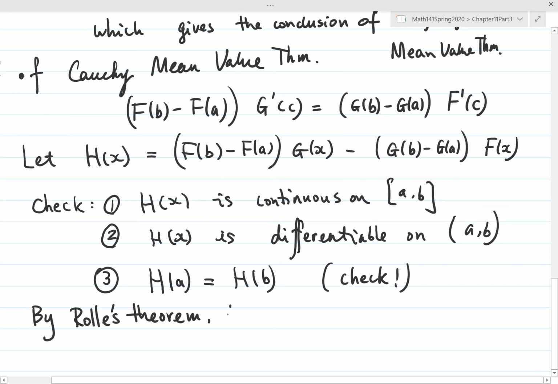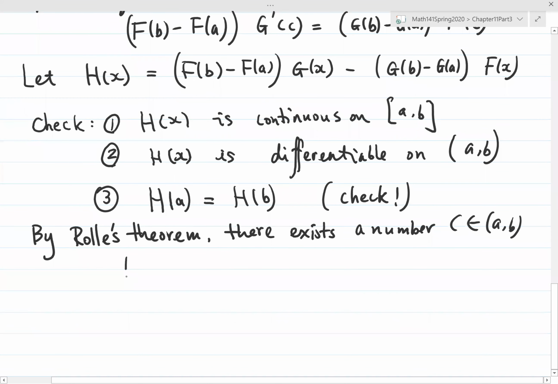we actually know there exists a number c in the open interval (a, b) such that the derivative of H at c vanishes by Rolle's theorem.